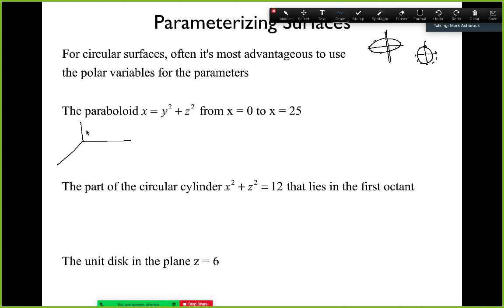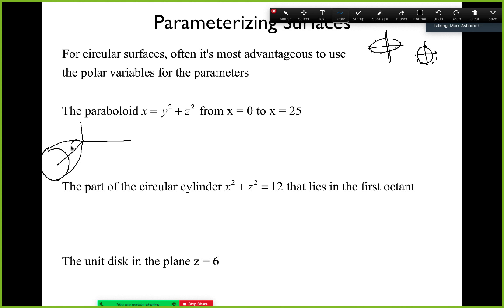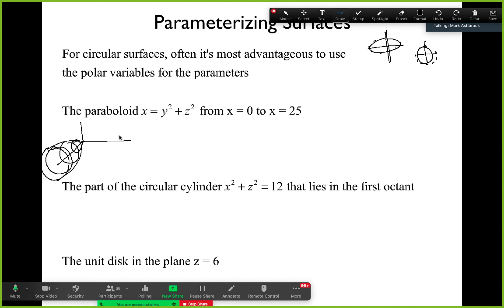So if x is y squared plus z squared, that's the paraboloid opening in the positive x direction. We can use theta to define these circular cross sections. Will theta be involved in x, y, or z?